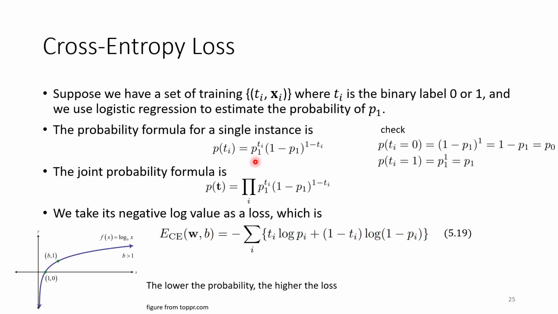P1 to the order of ti, where ti can only be 0 or 1, and 1 minus P1 to the order of 1 minus ti. So let's check. If ti is 0, then the value of this formula will be, because this is 0, the 1 minus P1 to the order of 1, and this term will become 1, because every value to the order of 0 becomes 1.